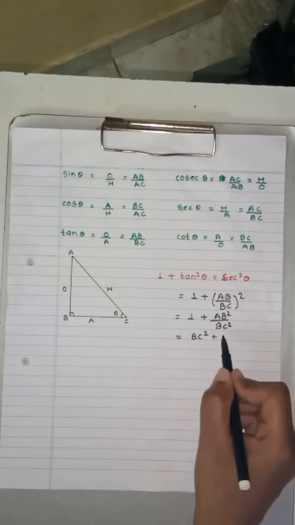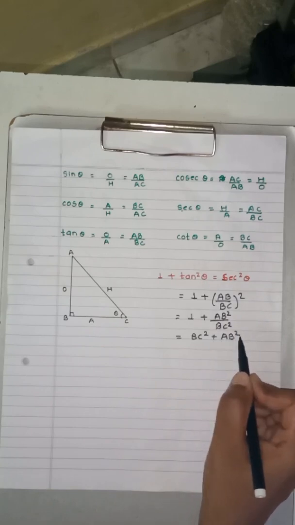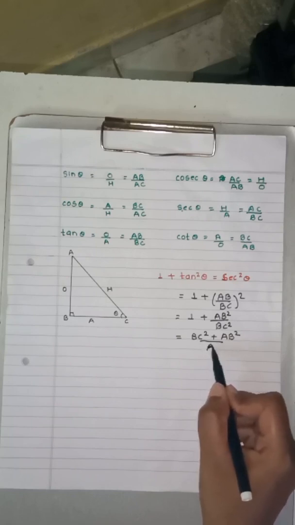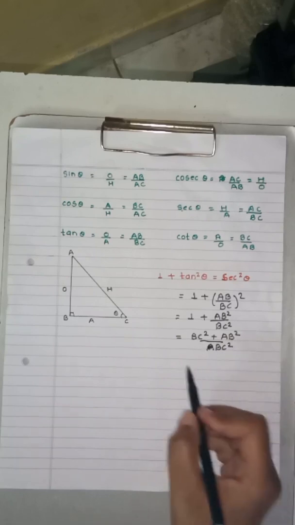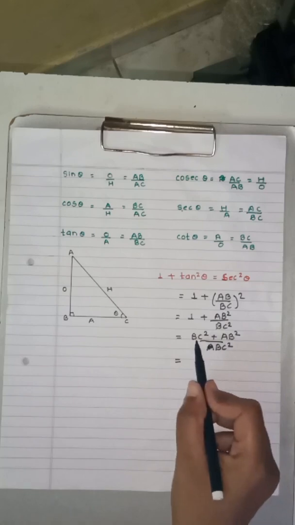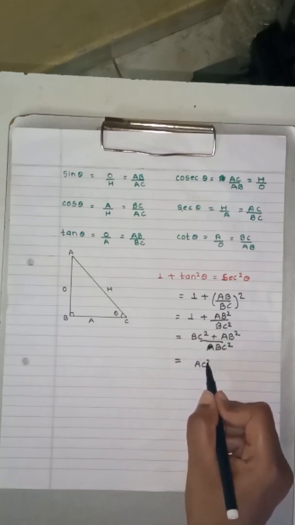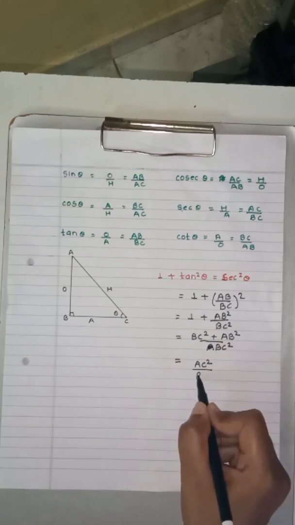square plus AB square upon BC square, that is equal to, now AB square plus BC square is equal to AC square upon BC square.